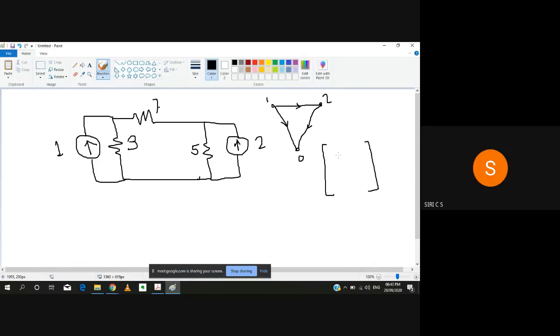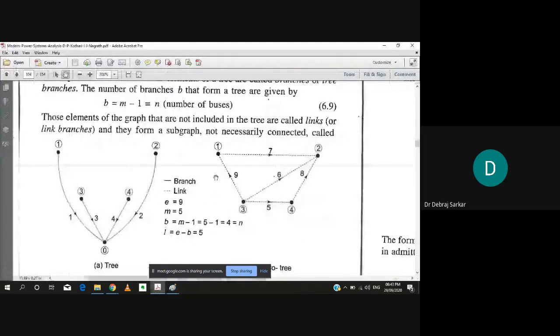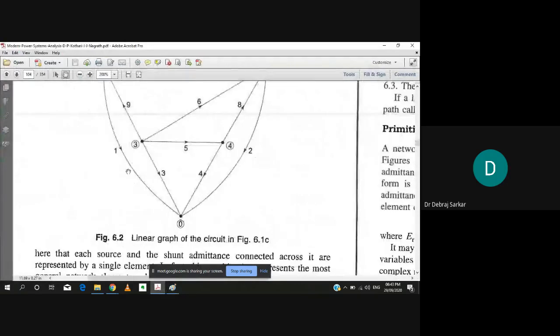Sir, the arrow direction is wrong. For graph theory, you are only concerned with the orientation; whatever direction you take doesn't matter.